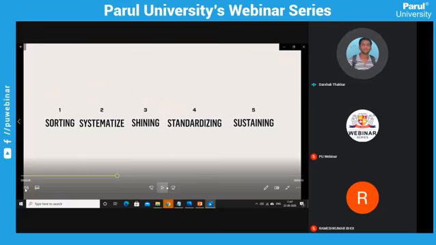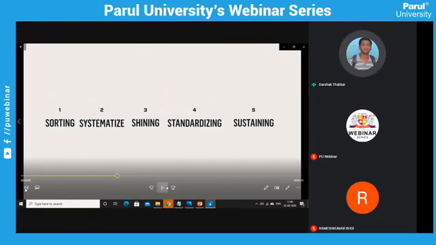After doing these 4 steps, we have to move to sustenance. Once the 5S system is established, we have to sustain it, right? If we don't sustain it, all the effort we have put into implementing 5S will fail, right?